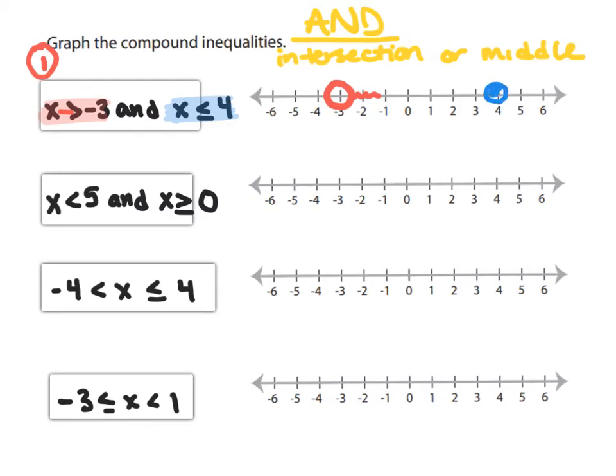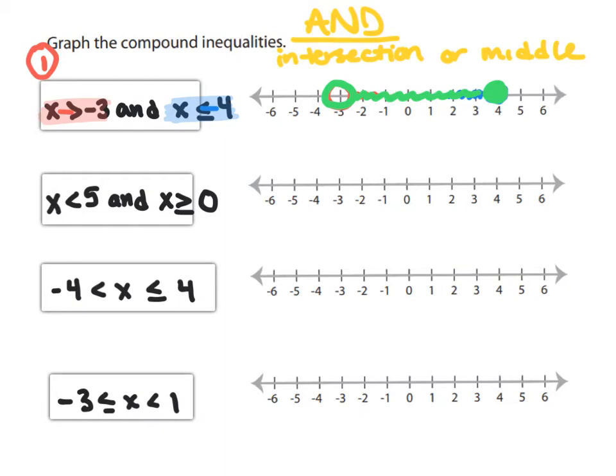I'm going to put in a closed circle because there's a line underneath, and since it's pointing to the left, I'm going to start to shade to the left. Now we can see where these two inequalities are going to intersect each other. So that means I can put an open circle and a closed circle and then shade the middle.